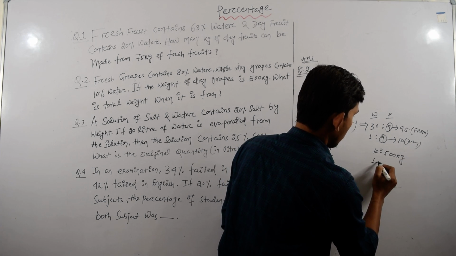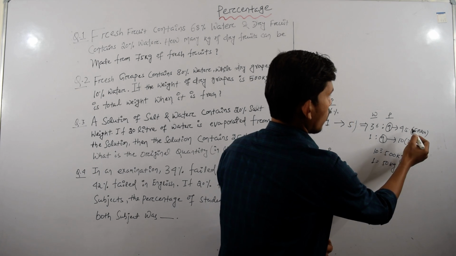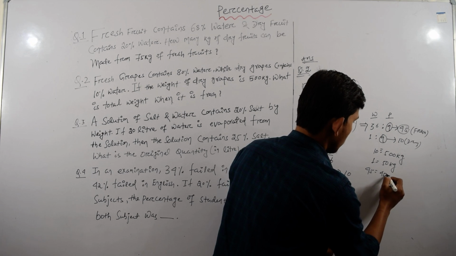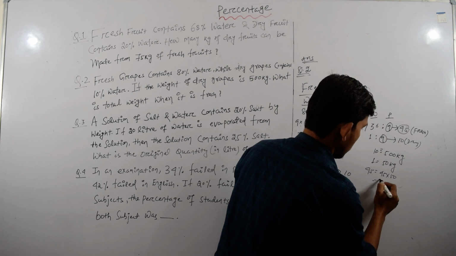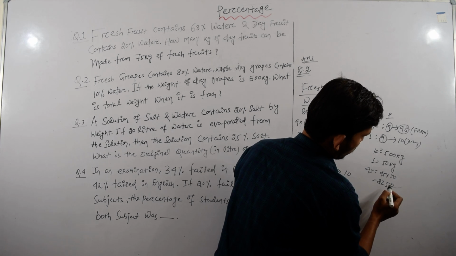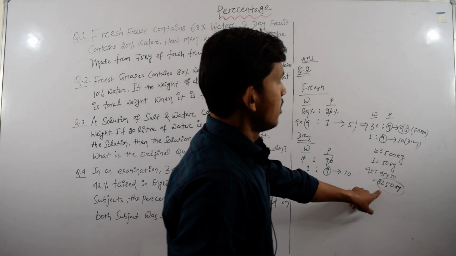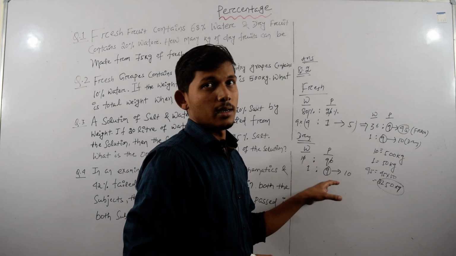That means 1 part is 50 kg. If 1 part is 50 kg, what is 45 parts? The 45 parts will be 45 into 50, that is 2250 kg. So this is the right answer of question 2.